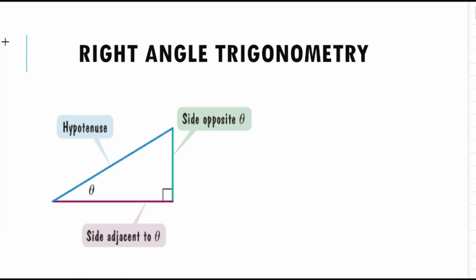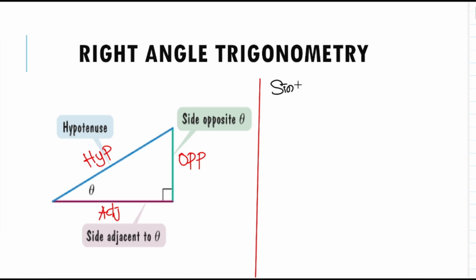Remember, from what you learned in junior school, if you have a right angle triangle, the side facing the angle is called the opposite, the other leg is called the adjacent, and the longest side of the triangle facing the 90 degree angle is called the hypotenuse. From these sides, we can define our functions as well.